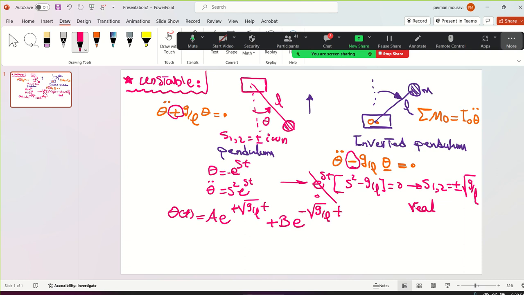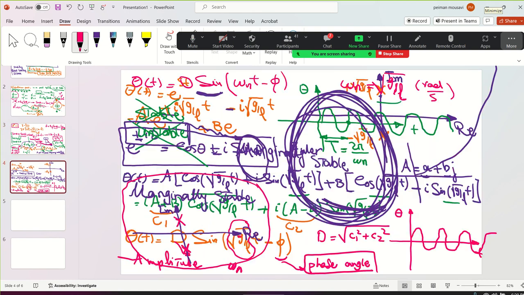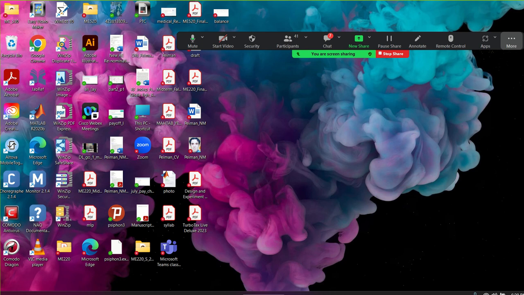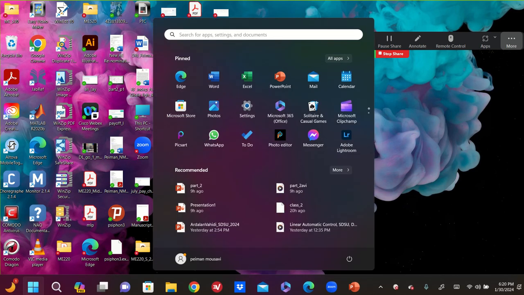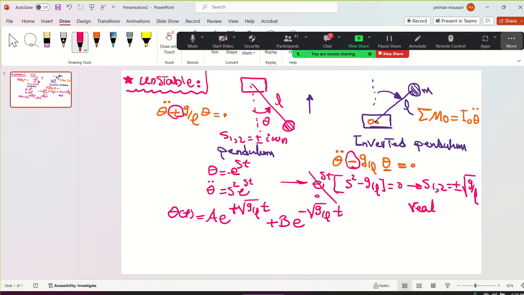You cannot use Euler, because where is the Euler? Euler is for the imaginary part, and we don't have it. What is that? Yeah. So this is the solution for the inverted pendulum.